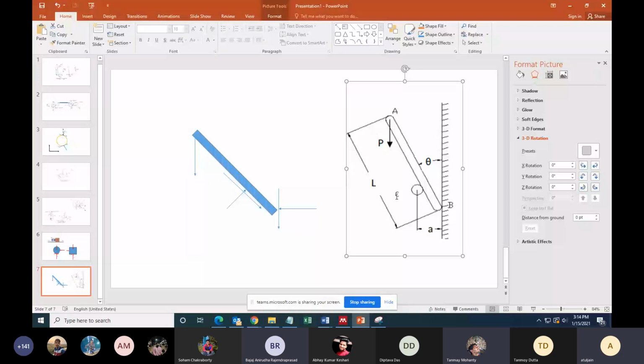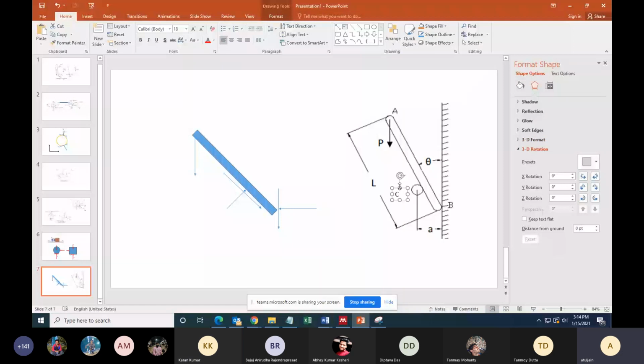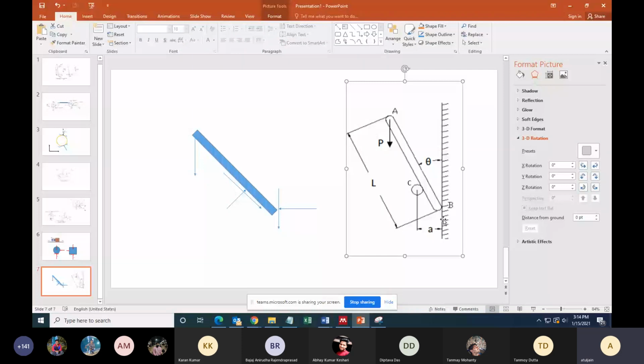Sir, in the first case, the direction of both the friction, at friction C. Wait, one at a time. Direction of friction at C, what is the question regarding that? Sir, how did you decide? By looking at this, we observe that there are two possibilities. Possibility number one, B has a tendency to go down. Possibility number two, B has a tendency to go up. And we will draw a free body diagram one by one.